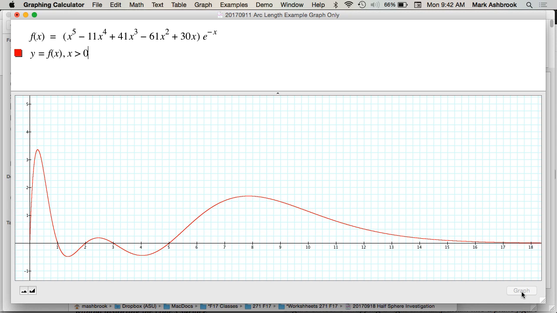So let's go back to this. How can I find out exactly how far it is along the curve starting at x equals 0 to x equals 5? What can I do? I know it's been 5 days since we talked about that, but anybody remember?